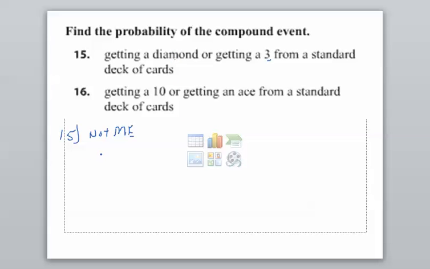And so let's look at the numbers here. So the probability of getting a diamond is a 1 out of 13. The probability of getting a 3 is a 4 out of 52. And we need to subtract from that the one that's a duplicate, 1 out of 52.